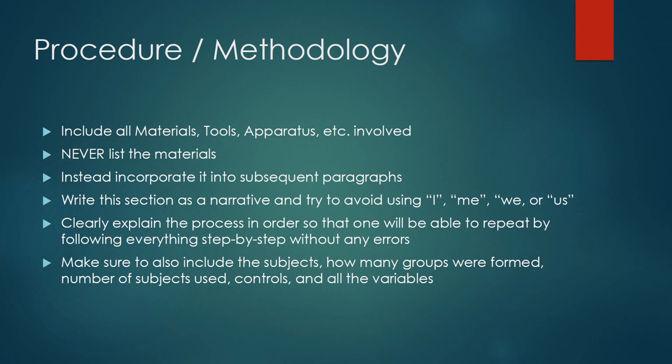And in some cases, the TAs really want you to give an experimental design, which means you have all the independent variable, the dependent variable, the control groups, everything listed out on a table. In that case, you can also do that.